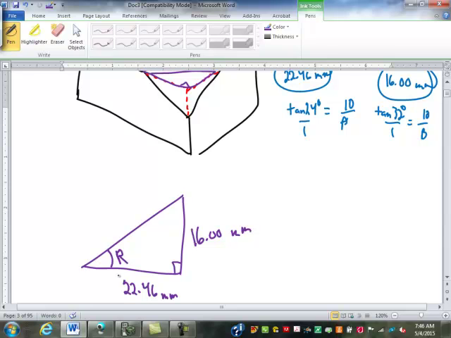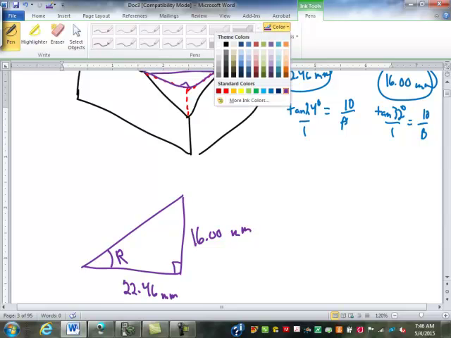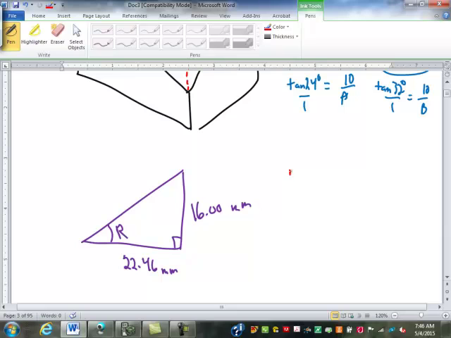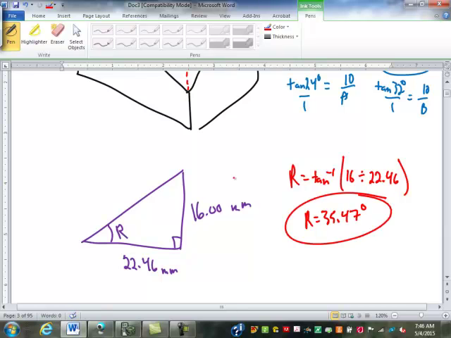That's rotation. So now what? Inverse tangent of 16 divided by 22.46. Okay, what's that give us? 35.47 degrees. Okay, now what? Now we need to find the length parallel. That one you mean? Yeah. Okay. So how do you find that one?